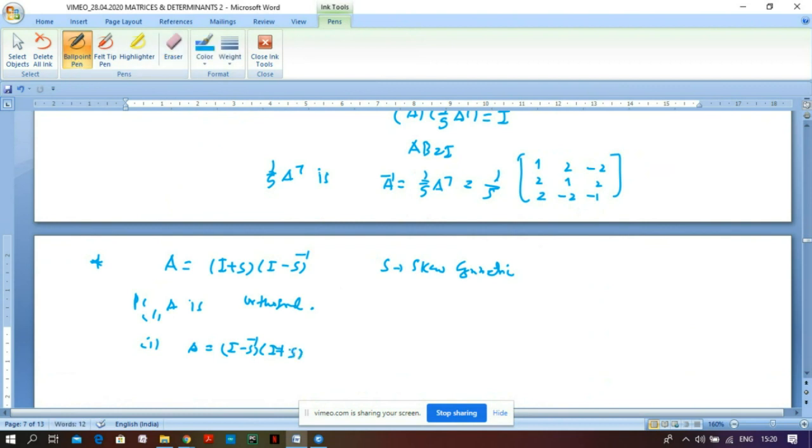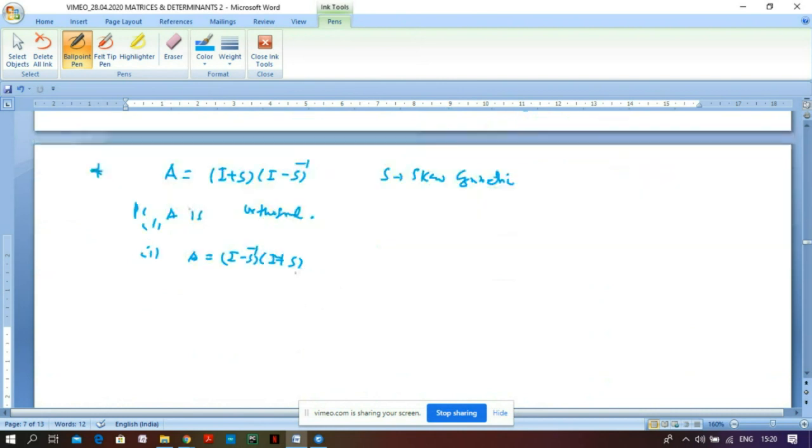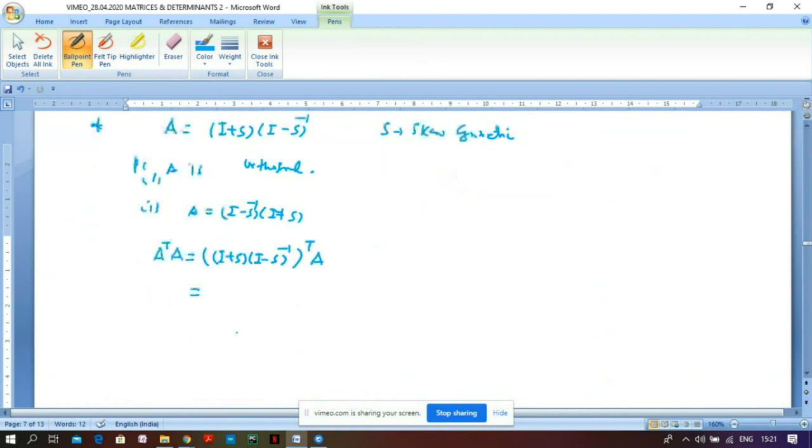So let me first prove that A is orthogonal. That's a little calculation. I can start like this: let's form A transpose A, that is I plus S into I minus S inverse, transposed, and A. Please look at it very carefully because we will have lots of applications.